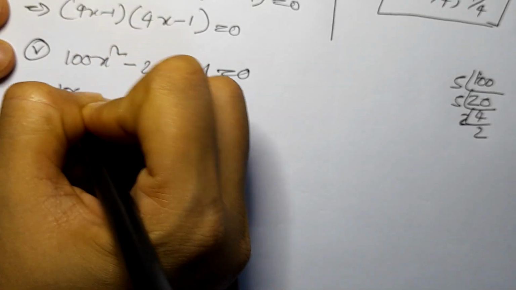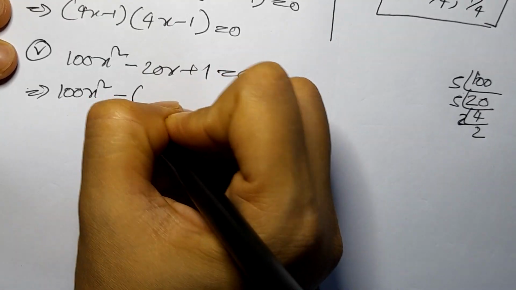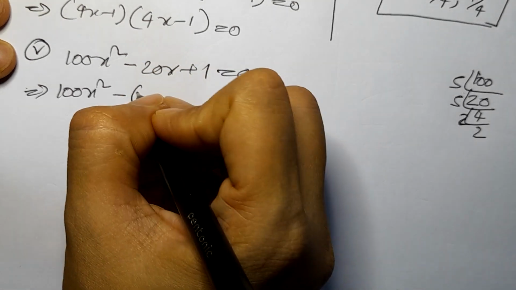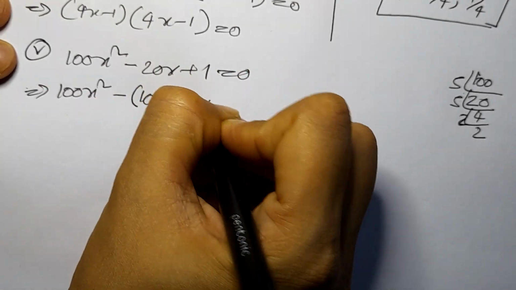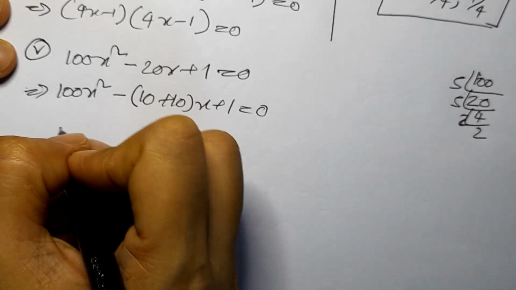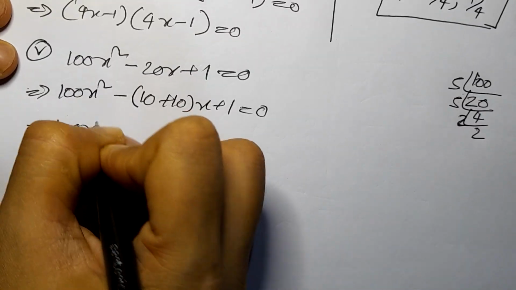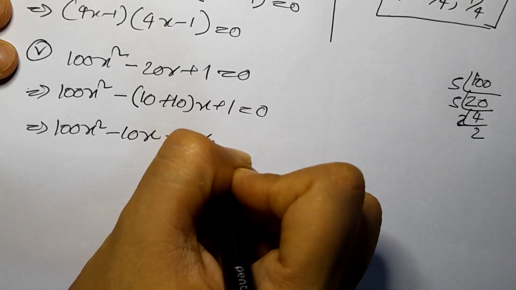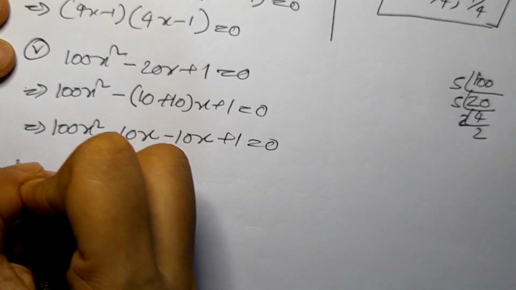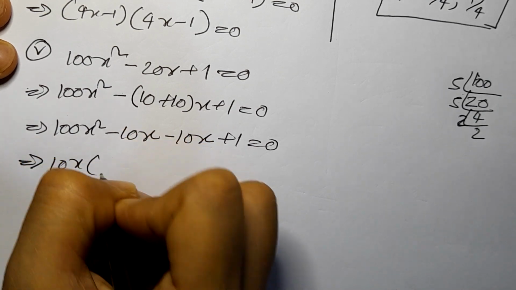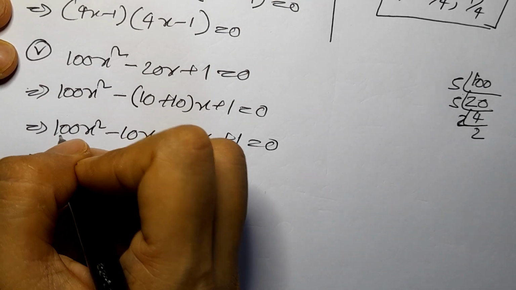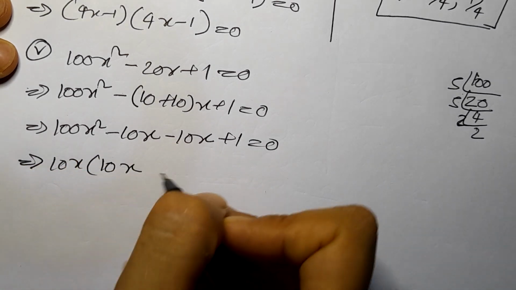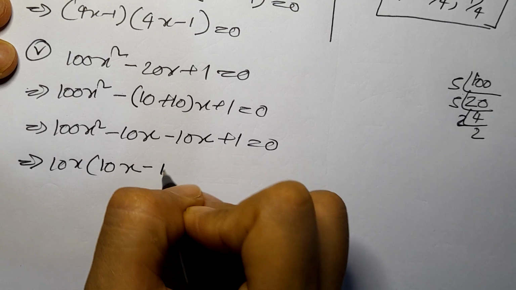So it will be 100x square minus 10x minus 10x plus 1 equal to 0. 10x is common, it gives 10x into 10x, 100.